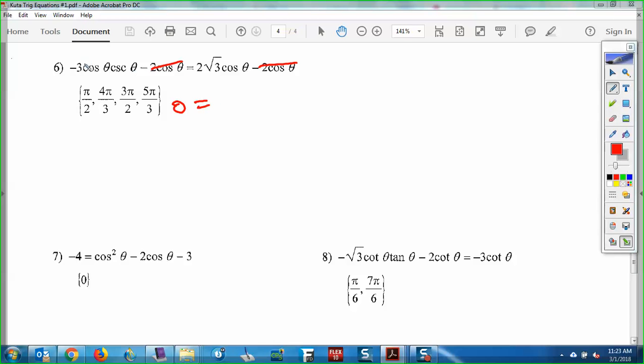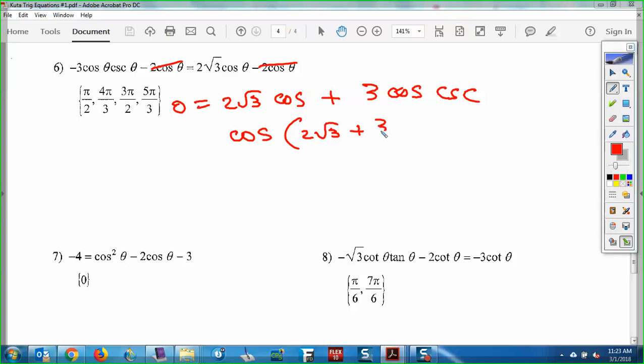So I'm going to move that over there. So I got 2 root 3 cosine plus 3 cosine cosecant. So I'm going to take out a cosine. I get 2 root 3 plus 3 cosecant. So cosine x equals 0, and 2 root 3 plus 3 cosecant equals 0.